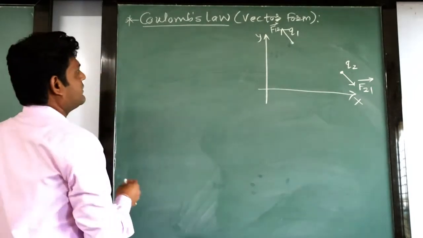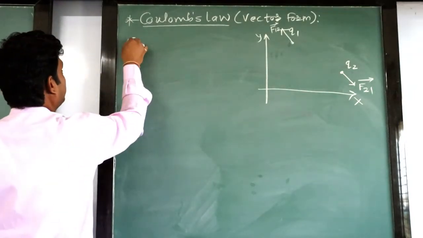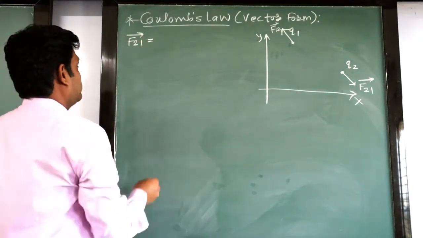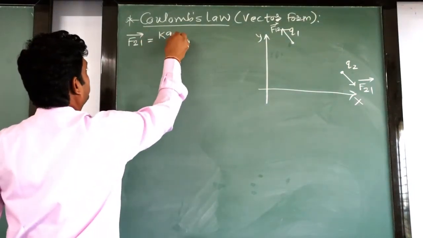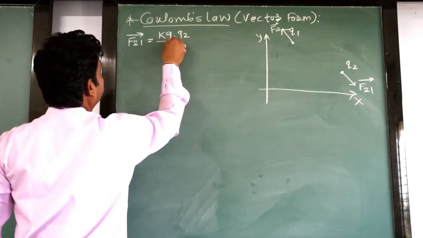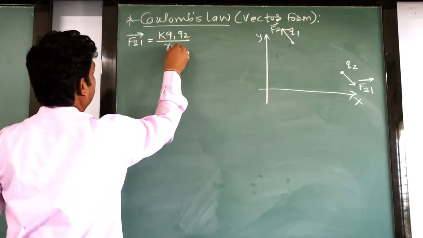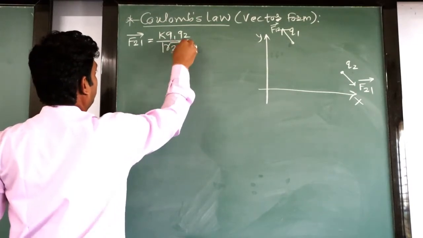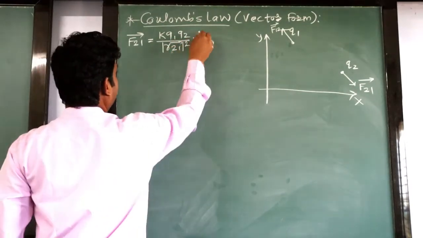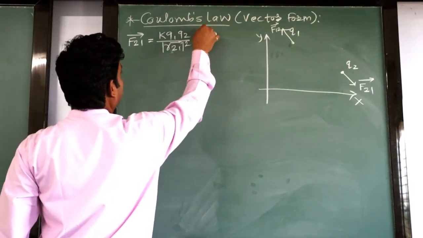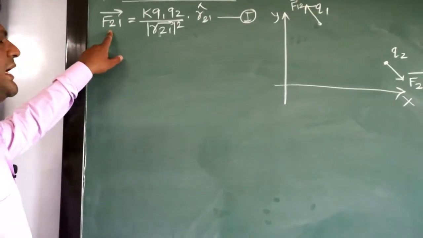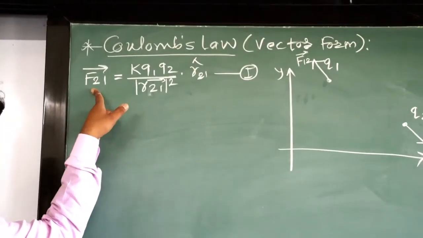What is the equation of the force acting on 2 due to 1, F21? See, K Q1 Q2 divided by R21 mod square into R21 cap. This is the force acting on 2 due to 1.